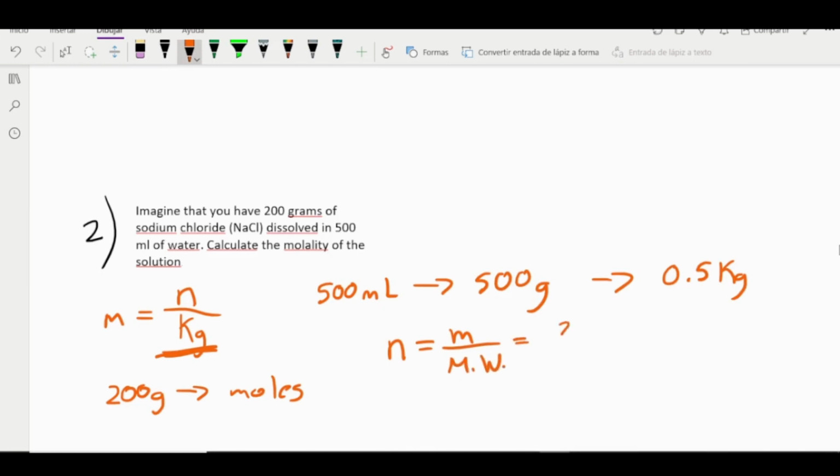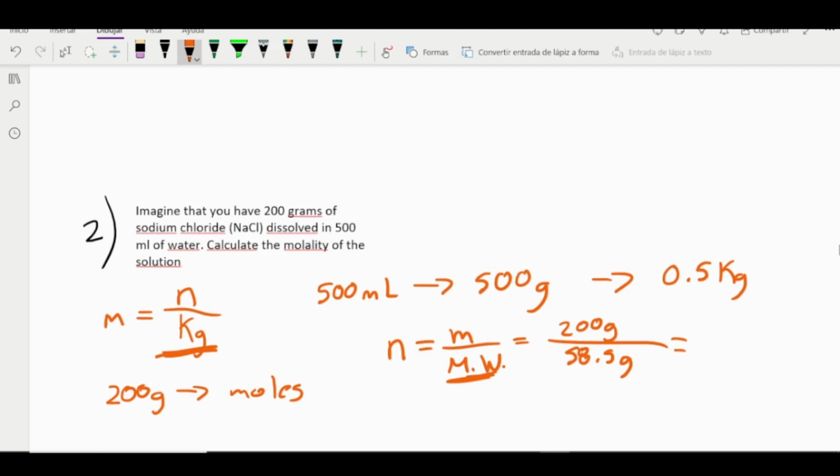This is going to be 200 grams divided by 58.5 grams. You can verify this on the internet, or you need to calculate the molecular weight of sodium chloride.